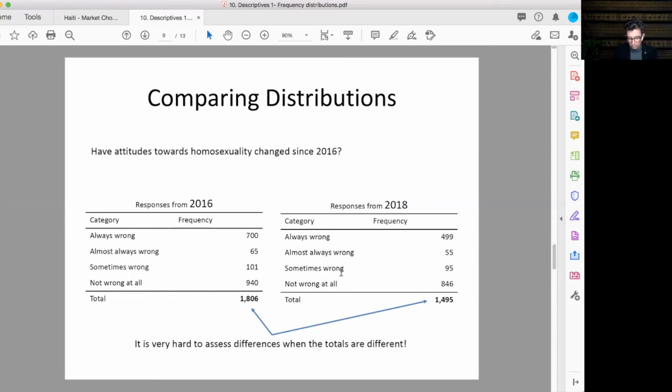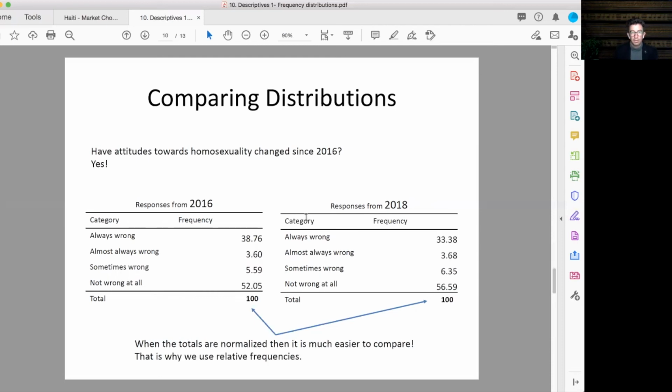If instead we use relative frequencies, we can quickly see that the percentage of respondents saying not wrong at all has actually grown. Now that we have put it in percent terms, it is as if each year had 100 respondents. This is what it would have looked like if there were only 100.